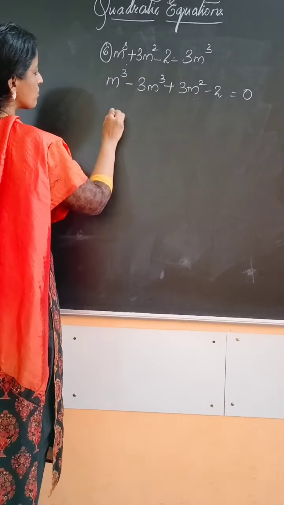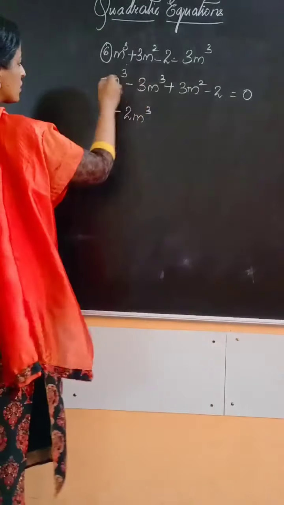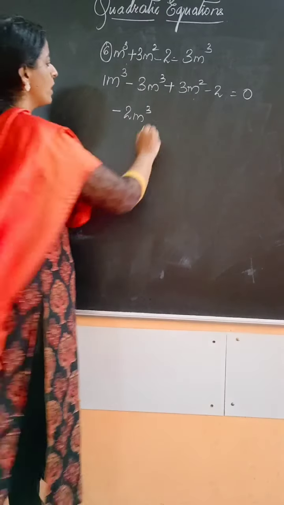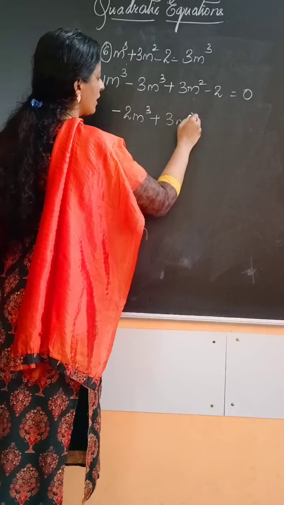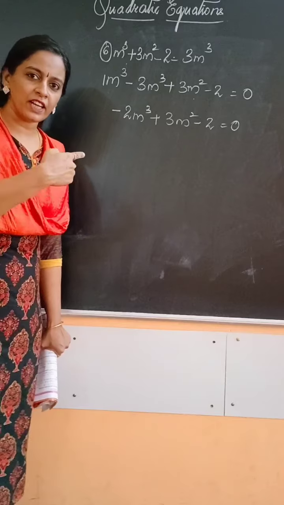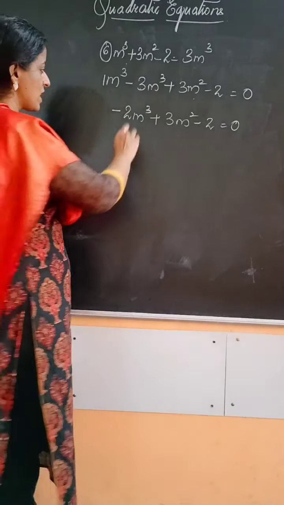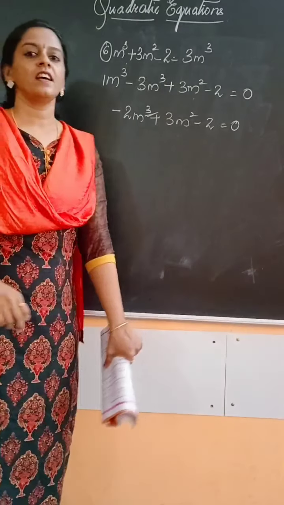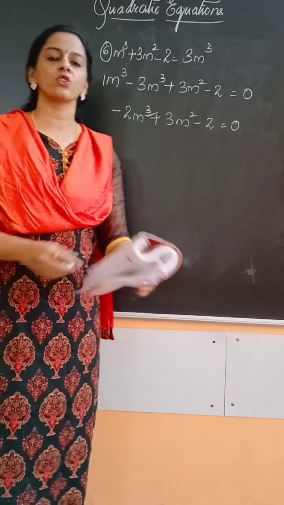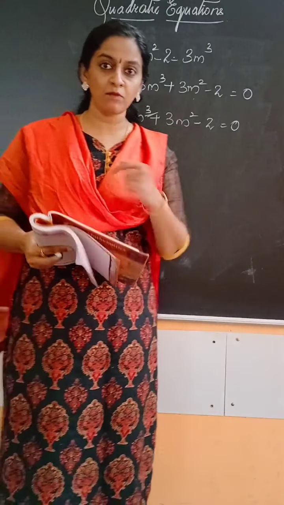M cube minus 3m cube will be minus 2m cube, so 2m cube plus 3m square minus 2 equal to 0. Tell me, is this a quadratic equation? Yes, I heard, it is not. Why? Because the highest degree is 3. If it is 3, then it is not a quadratic equation. So write down, this is not a quadratic equation. So those were very easy sums, I hope.